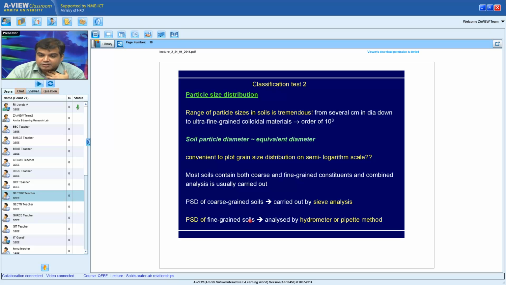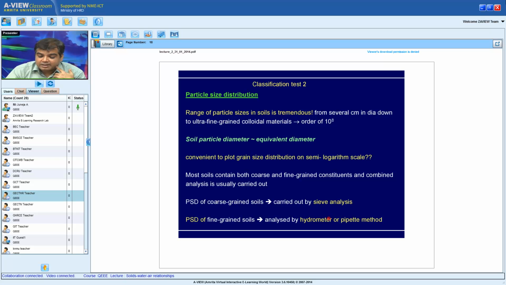The distribution of fine grained soils is not that easy because they are mainly colloidal particles. They like to float around in water. So we use either the hydrometer analysis or the pipette method. Now the IS code also says there is a third, alternate method, the Plummet balance method to be precise.